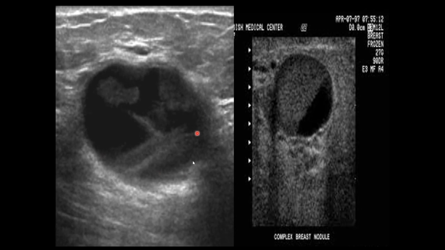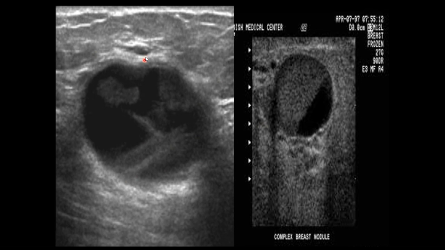The mass can be a tumor also, because you can see here there's a dependent portion. There is a soft tissue area, and on the non-dependent area also there are nodules. It can be a malignancy also. We have to perform biopsy in this case or assess clinically. There may be signs of abscess clinically.